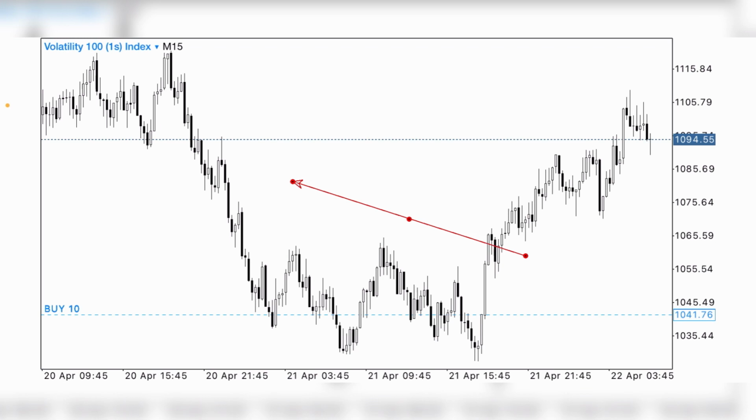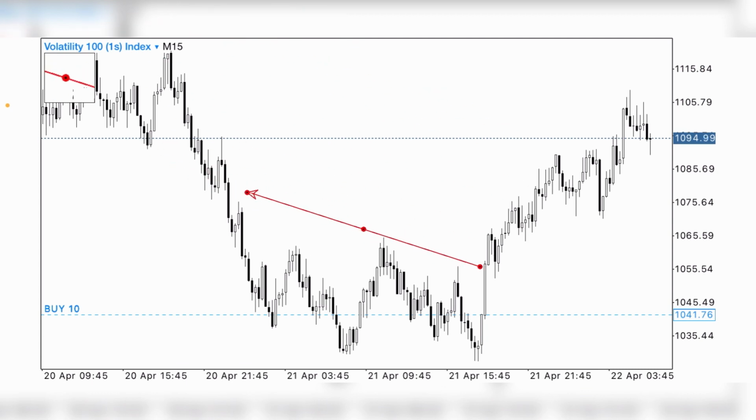Inducements are always the most recent high or the most recent low created after a break of structure. So we have the break of structure to the downside here. This is our recent high, so it becomes our inducement for this particular range.